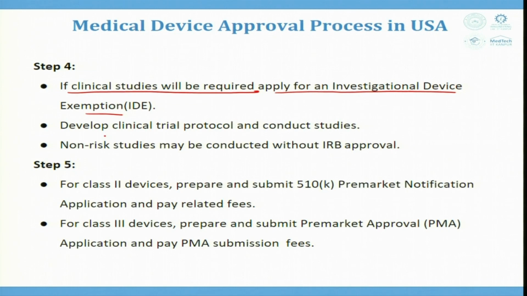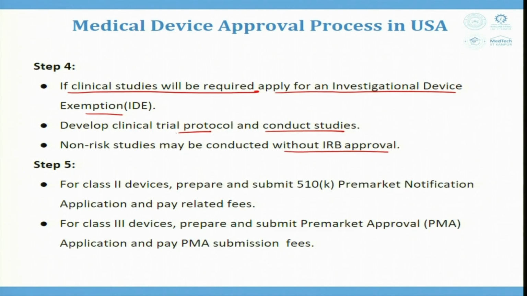Then develop clinical trial protocol and conduct studies. This is within step 4, that is if it is required, we need to draft the trial protocols. Non-risk studies may be conducted without the IRB approval.